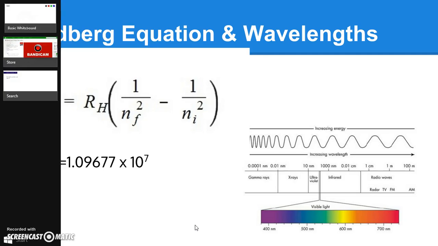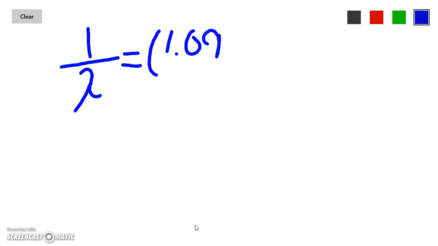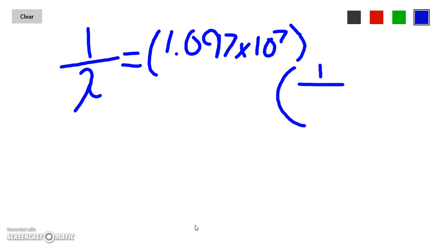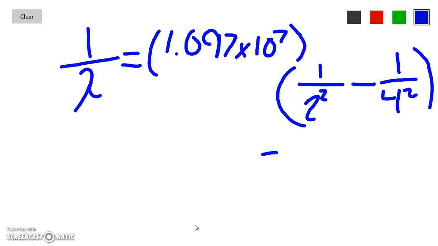We'll do a hopefully quick example of this, of an electron dropping from n equals 4 to n equals 2. So 1 over the wavelength equals the constant, which is 1.097 times 10 to the 7th, times 1 over n final, which is 2 squared, minus 1 over n initial, which is 4 squared.